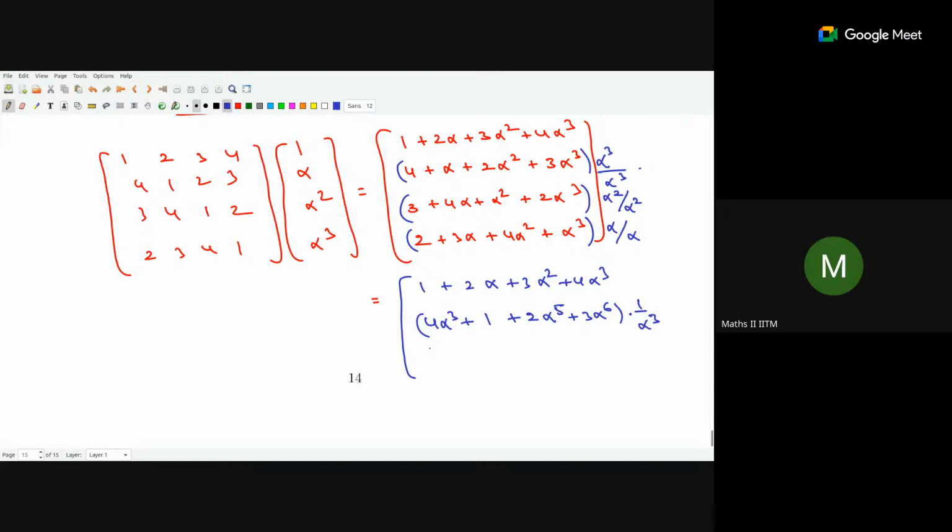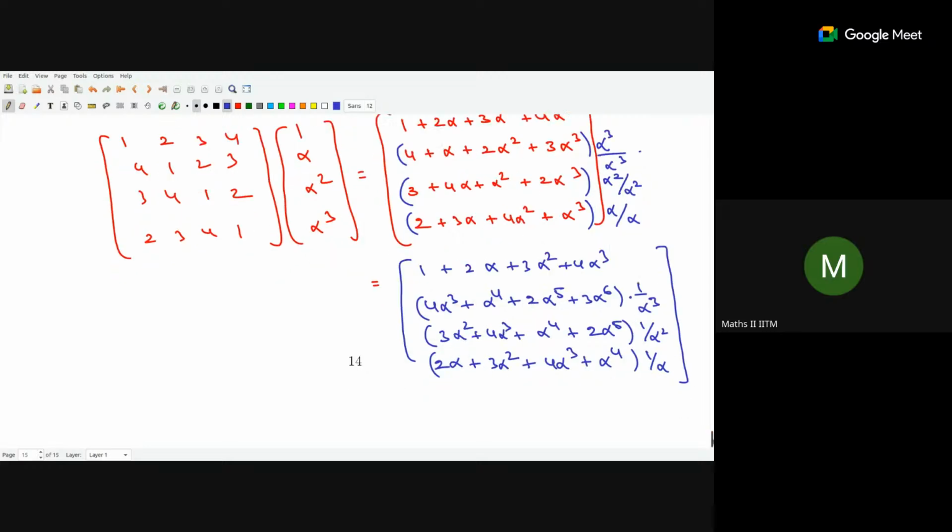And the next one will be 3 alpha square plus 4 alpha cube plus alpha power 4 plus 2 alpha power 5, times 1 by alpha square. And the last one will be 2 alpha plus 3 alpha square plus 4 alpha cube plus alpha power 4, and this times 1 by alpha.